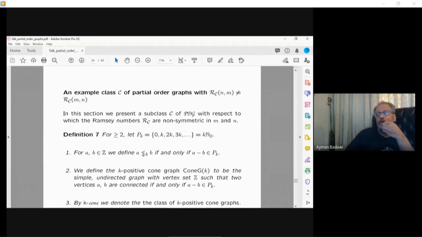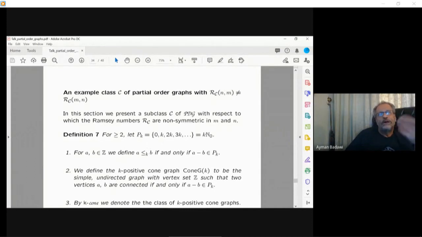Definitely this is a partial order, because A is connected to itself, since A minus A is 0. And if A minus B is in here, that means A minus B has to be positive, so B minus A will be negative, so it will not be in the set. So the second axiom is okay.